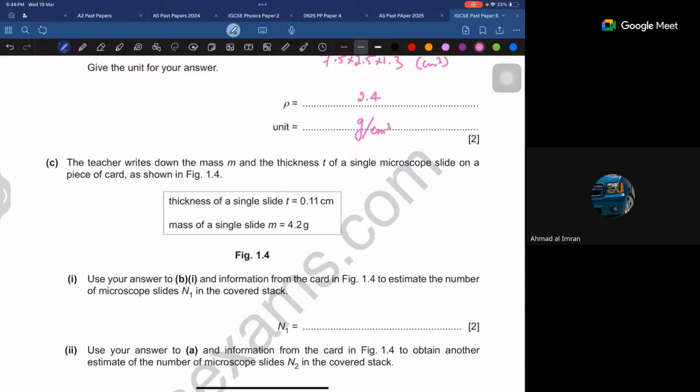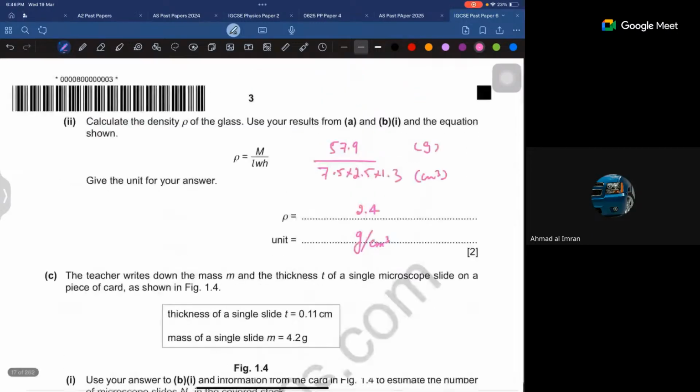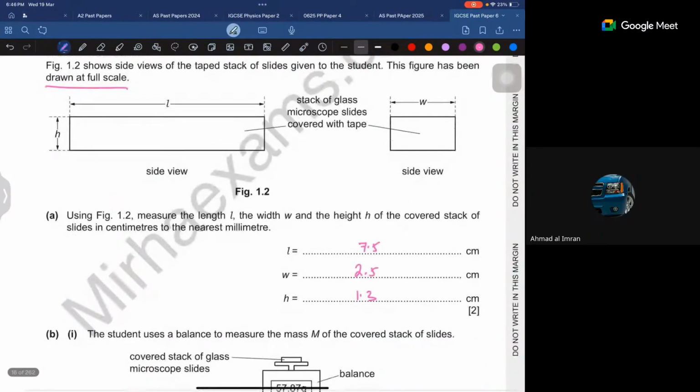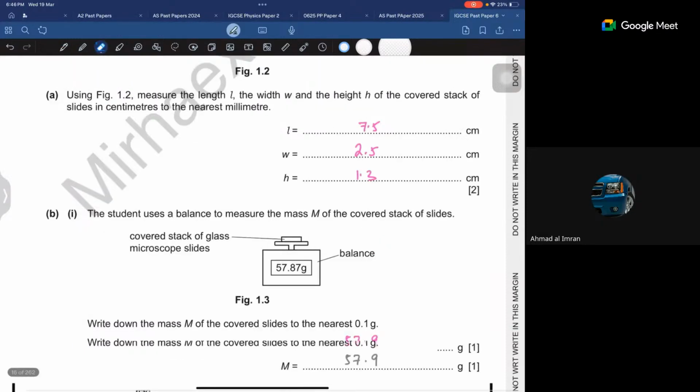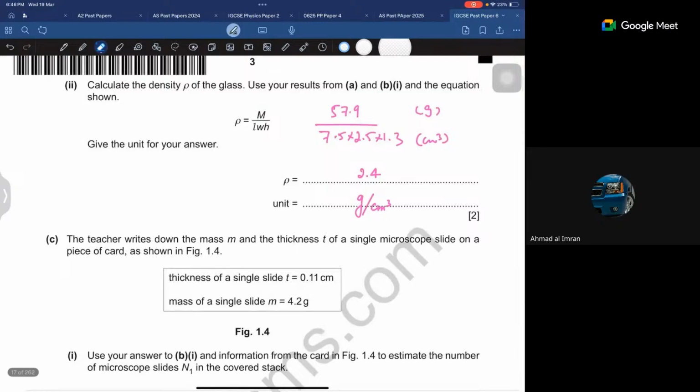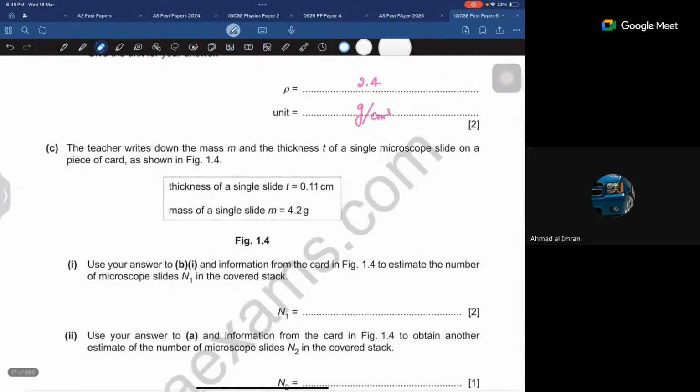So if you check the thickness of this was only about, I think, 1.3, right? And here thickness of slide is 0.11 centimeter, and the mass of slide is 4 point. So the mass is 4.2.